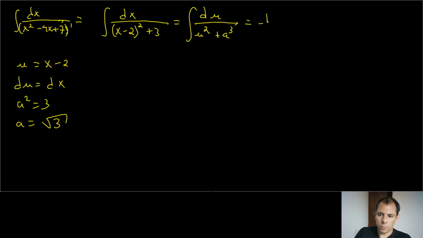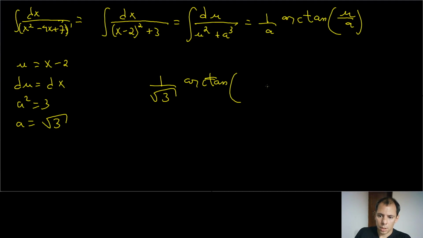So this is going to be 1 divided by a times the arctangent of u divided by a. This equals 1 divided by the square root of 3 times the arctangent of u, which is x minus 2, divided by the square root of 3.